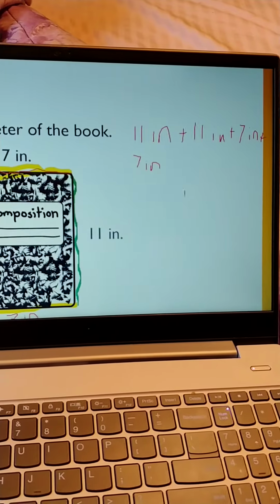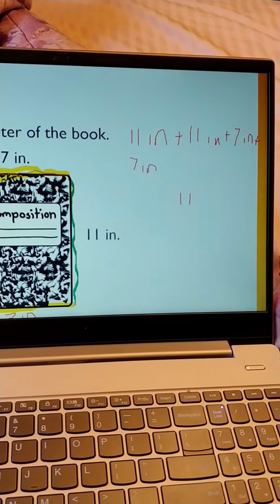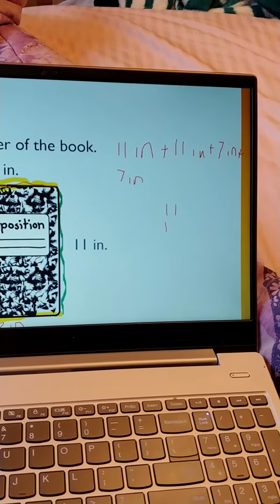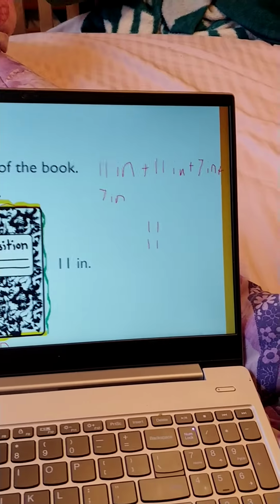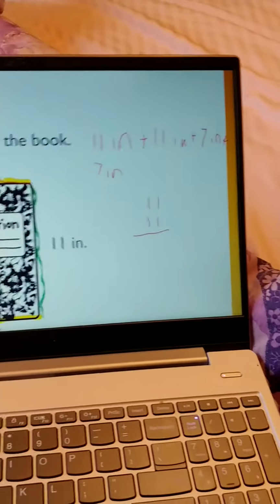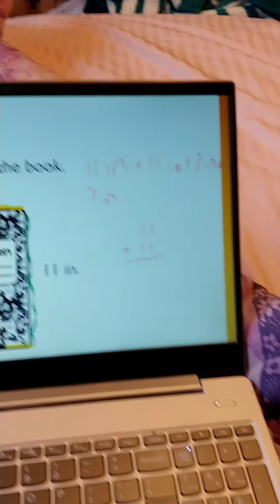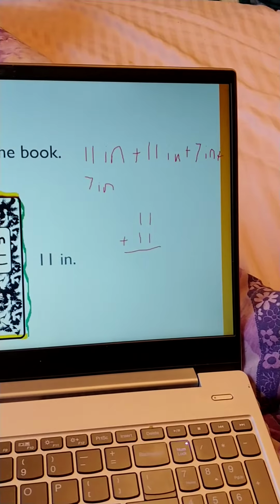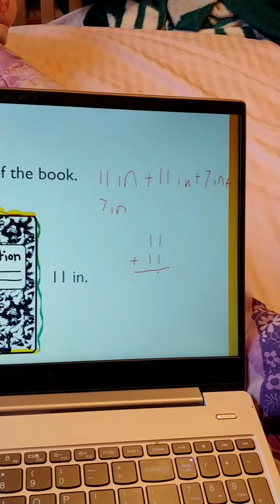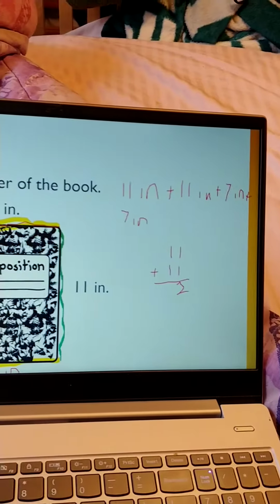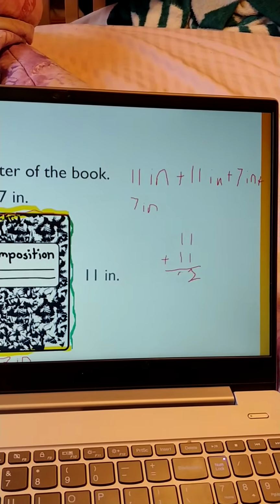The first thing we're going to do is 11 plus 11. So we're going to add that together. Remember, we always start with the ones. So 1 plus 1 is going to give us 2. And then 1 plus 1 is going to give us 2 again.